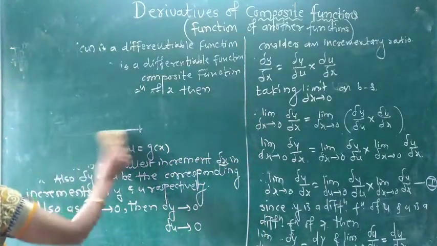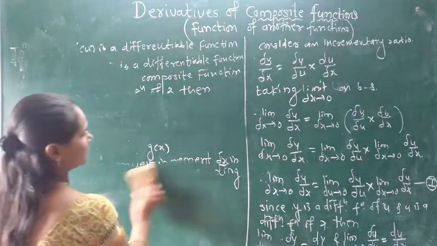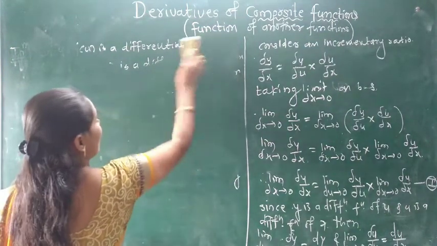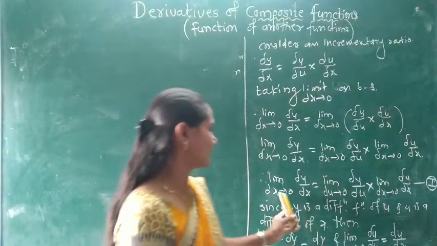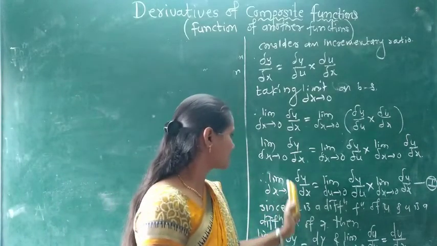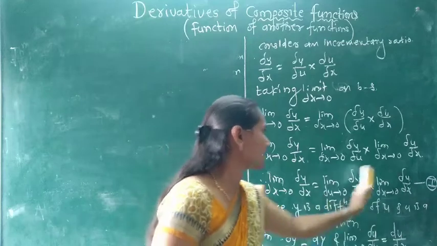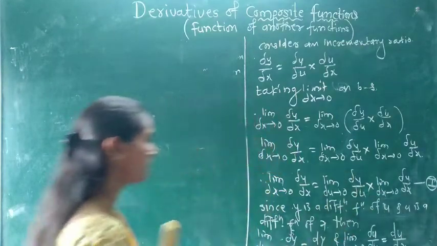Therefore the RHS of equation 1 becomes: what is equation 1? That is limit delta x tends to 0, delta y upon delta x, and this is the LHS of equation 1.